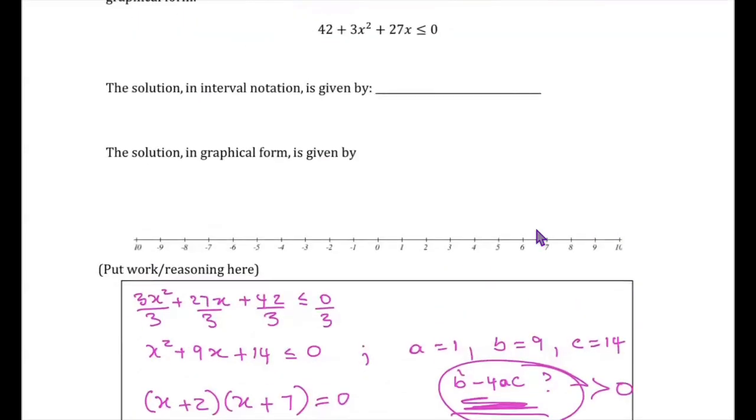So that is from -7 to -3. And the graphing of this solution will be -7 included and -3 included, and then everything in between.